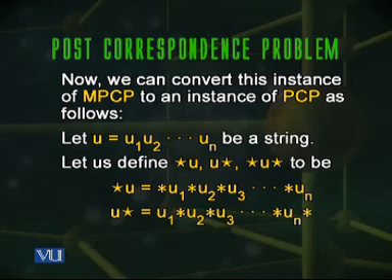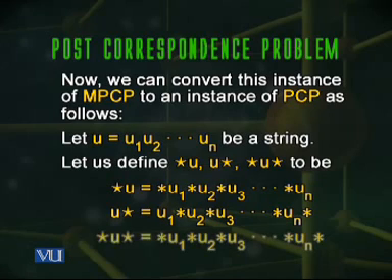U star is going to be U1 followed by an asterisk, followed by U2 followed by an asterisk, and so on, up to UN followed by an asterisk. Whereas star U star is going to be an asterisk followed by U1 followed by an asterisk followed by U2, all the way up to UN followed by an asterisk.